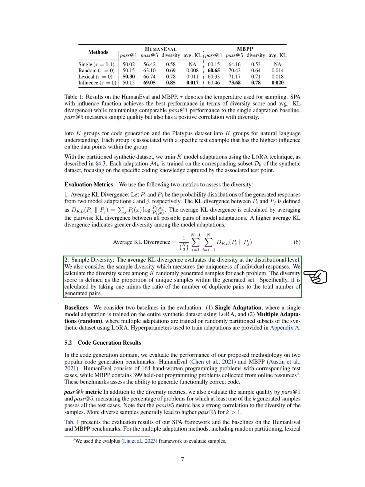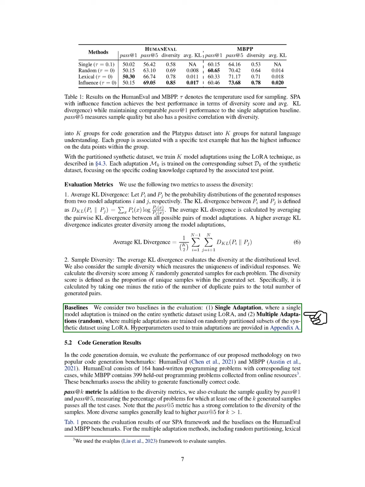Second, we assess sample diversity by measuring the uniqueness of individual responses. We compute a diversity score based on the proportion of unique samples among k randomly generated samples for each problem. We also establish two baselines for comparison, one where a single adaptation is trained on the entire synthetic dataset, and another where multiple adaptations are trained on randomly partitioned subsets of the dataset.